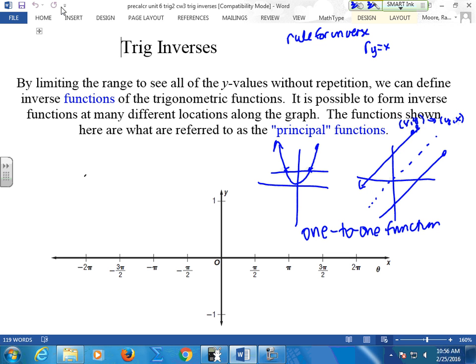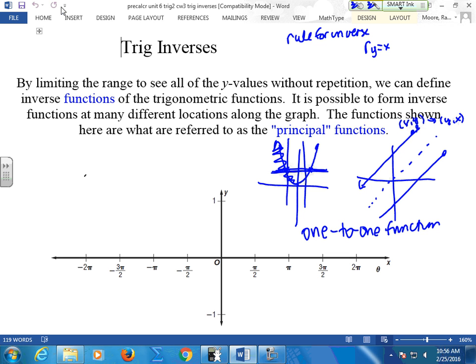It's a function. Sorry, it has to pass a vertical line test because it's a function, but it also has to pass a horizontal one to be one-to-one. And we said way back when we did parabolas, your squaring function didn't pass a horizontal line test. So when we made its inverse, do you remember what we had to do? We had to say, don't use this part, right?